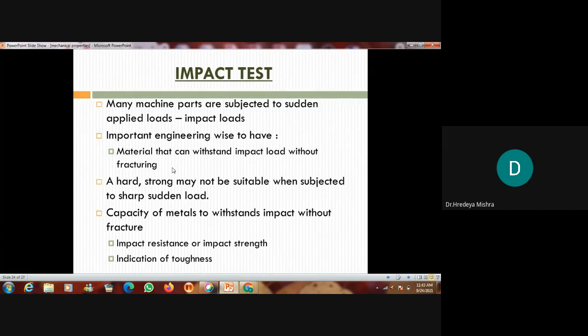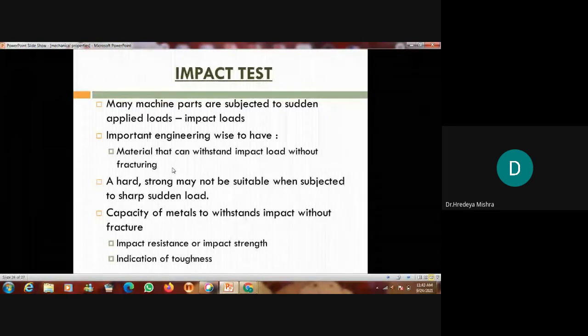When you come to college, once this situation is over, you go to the workshop and there is a bench vice. We fit a material on the bench vice and do some operations like filing and grinding, manual working.